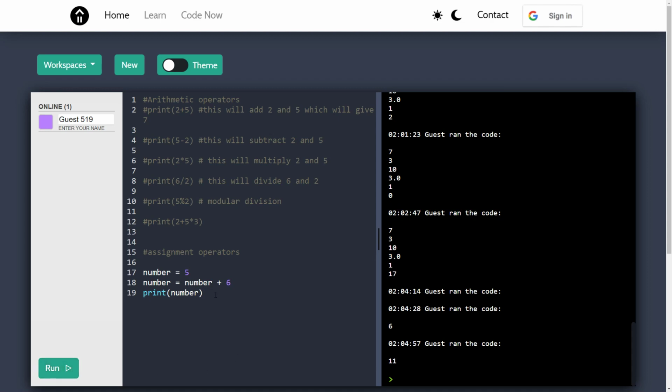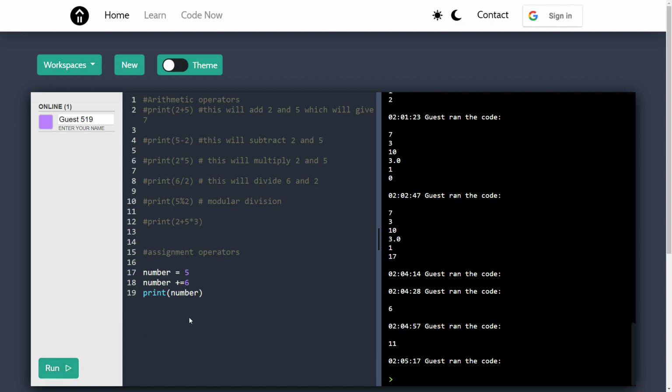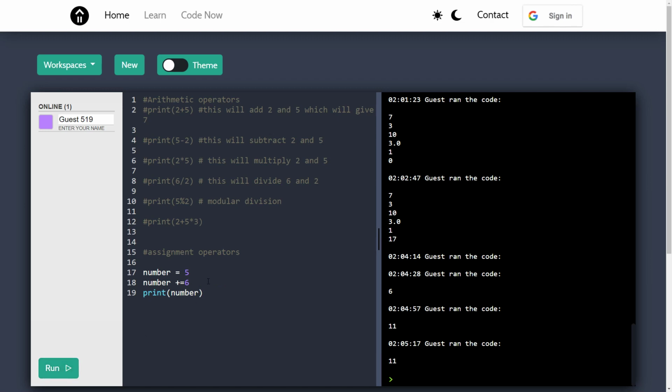Nice. Now there is a way that I would consider shorthand to write this, and that is what is considered an assignment operator. So I can do plus equals 6, and this does the identical thing to what that previous line did. This is identical to number equals number plus 6. Identical.